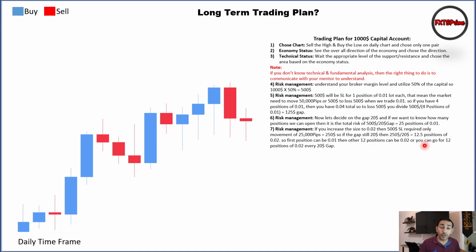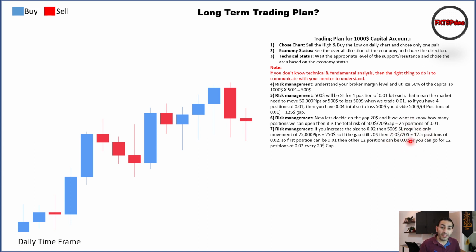So if I want to calculate that, I will first divide 500 by 2, because I'm using 0.02 lots, and the result will be $250. And if I decide to trade with a gap of $20 between my first entry and the other entries, I am going to divide the $250 by the gap.